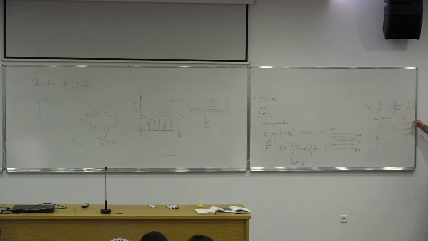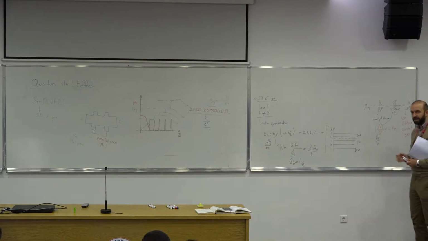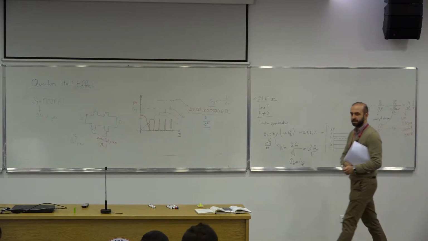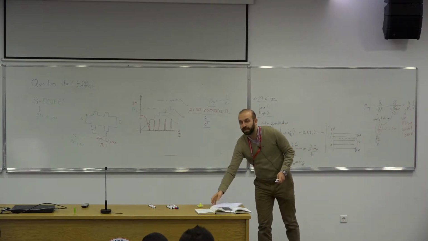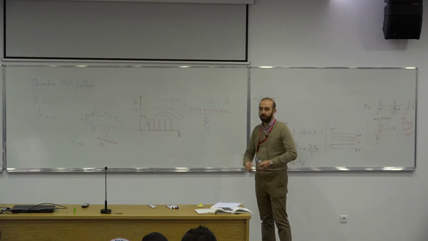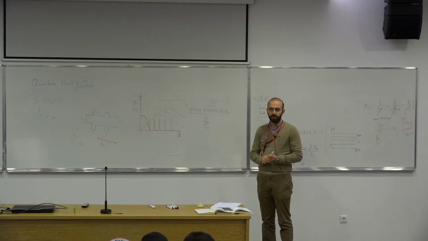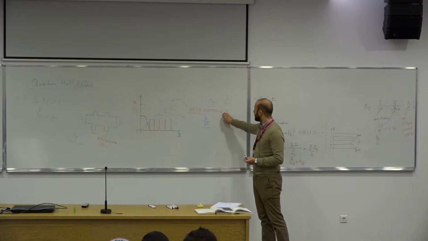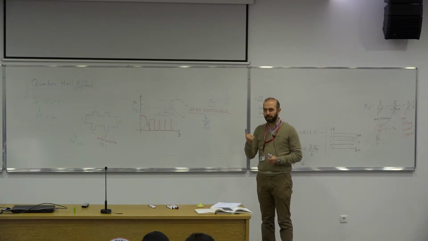Now this von Klitzing constant is that number. It's the definition of the resistance value we use today. All the resistances that you get are calibrated with respect to a quantum Hall device. That resistance value defines 1 ohm, actually.